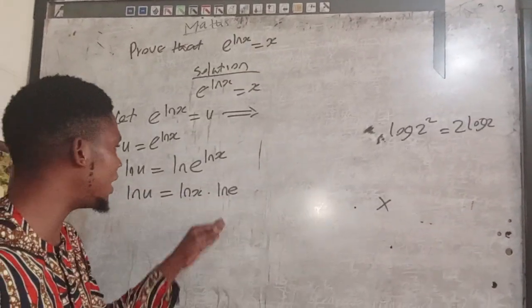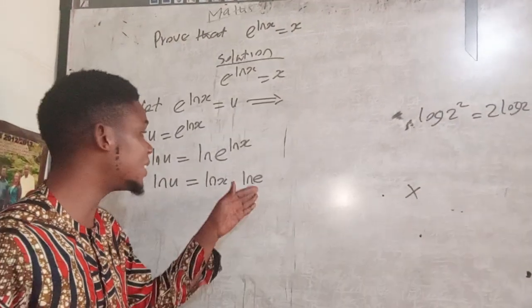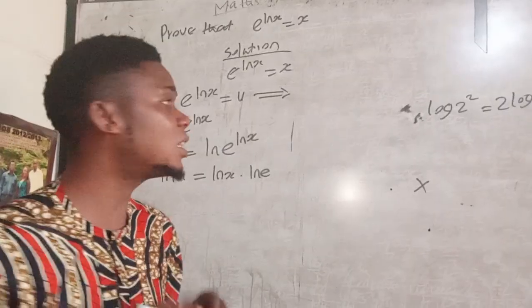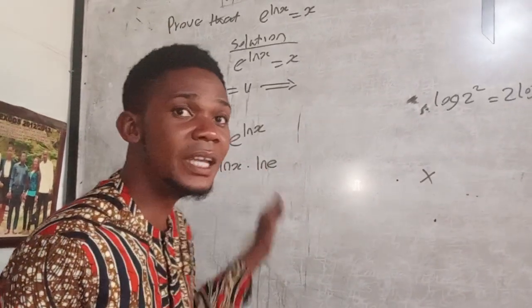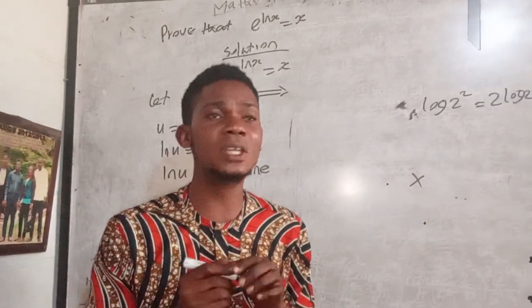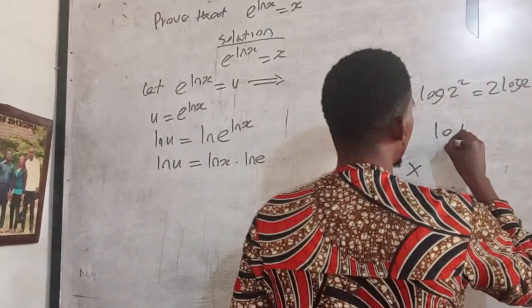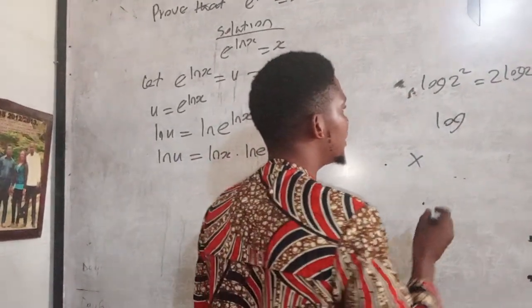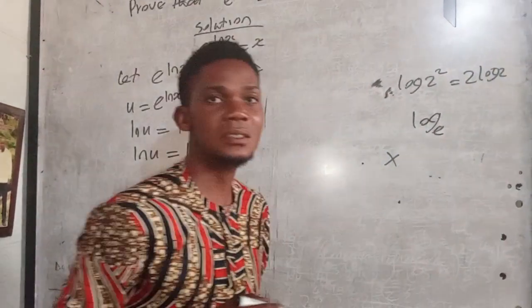Now you ask yourself, how can we get this ln e? ln is the natural logarithm. When we are talking about a natural logarithm, the base is e.